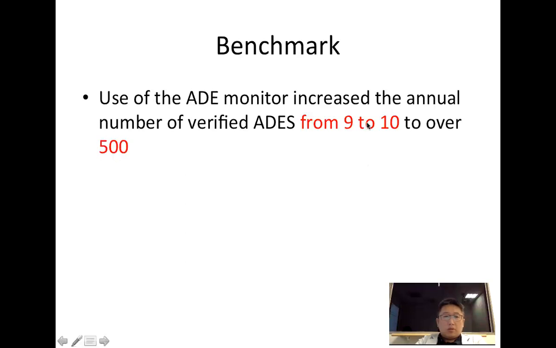Previously, when you write a paper, you always need to remember what your benchmark is. You want to create a system; the original ADE count is 9 to 10, but you believe the true number is 500. So if you want to create an ADE monitor, one way is to detect more ADE.